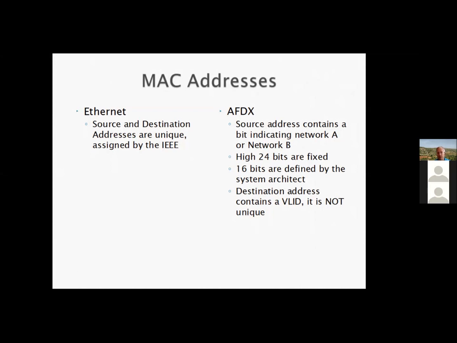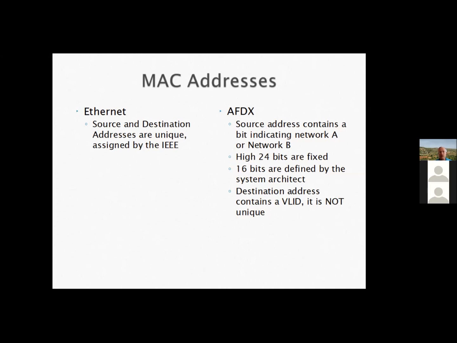And the important bits are this thing called the VLID. So the VLID is the equivalent of the address of where it is that I'm sending this data. But interestingly enough, as opposed to in the Ethernet world, where I want it to be unique, here I don't want it to be unique. Because if the data that I'm sending is altitude, it could be that there are 5 different devices on the aircraft that need to know the altitude.